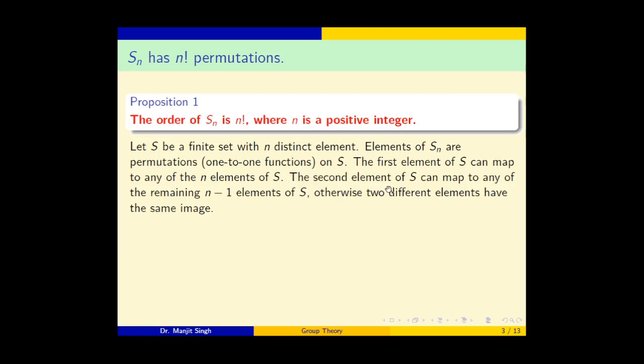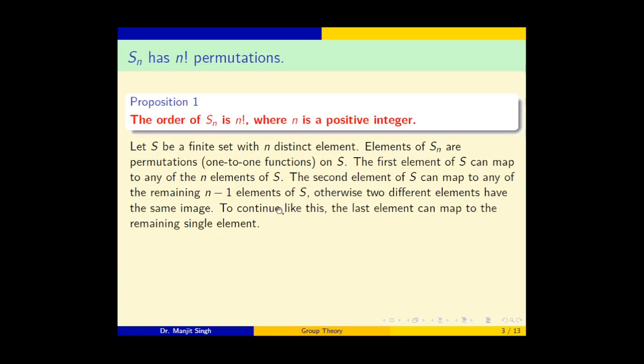The second element of S can map to any of the n minus 1 remaining elements. If we consider the nth element also, then there would be two distinct elements having the same image, and this contradicts the injective condition of elements of Sn. Therefore the second element of S can map to any of the remaining n minus 1 elements of S.